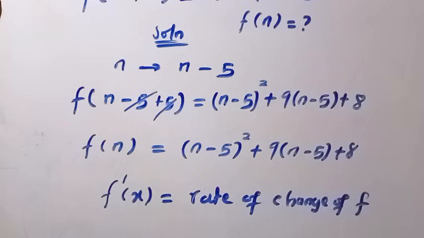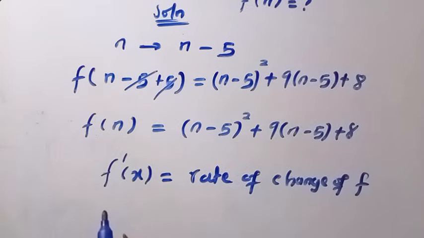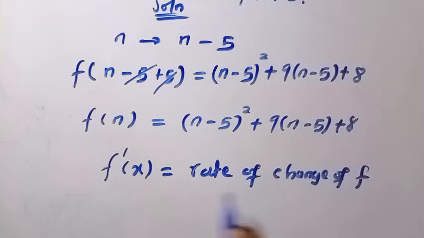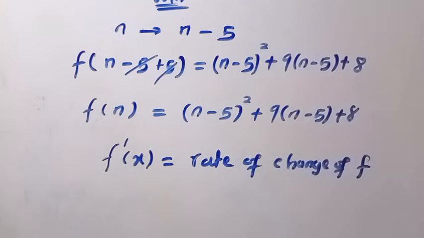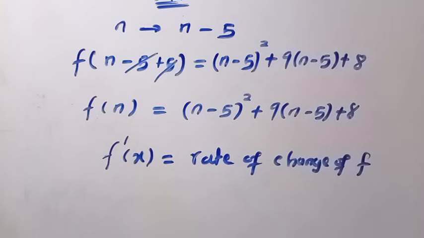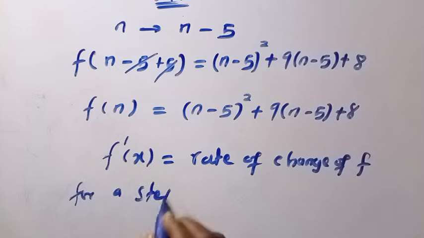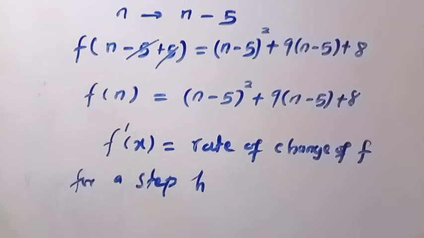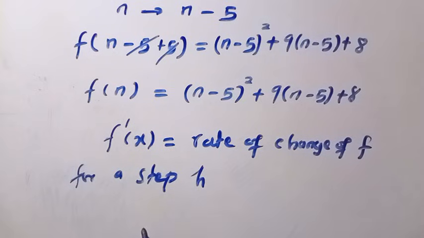But when we are dealing with discrete mathematics, instead of using the rate of change, we use a finite difference. Let's say for a step h, and we can use any other letter as well, we have the change with subscript h for f of x.